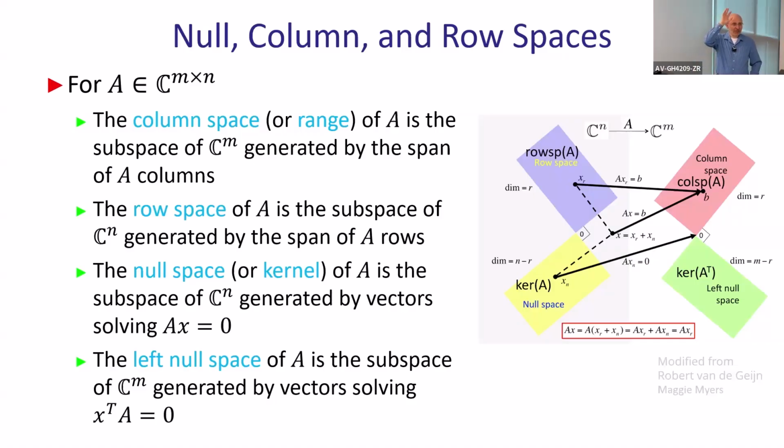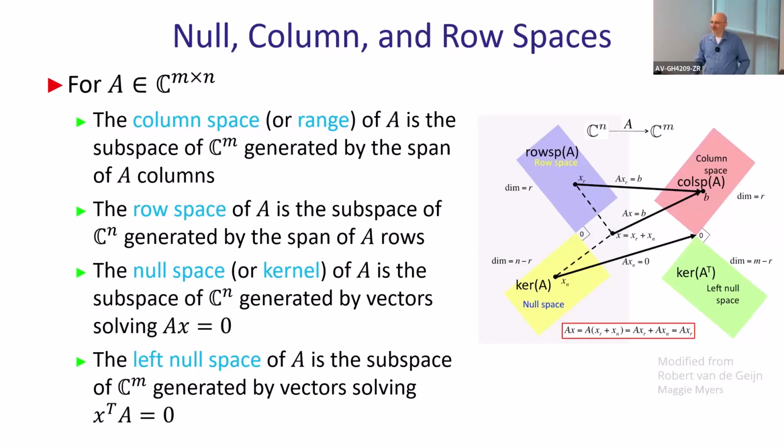So you cannot represent any vector in kernel A from the basis of row space A, or vice versa. That is why they are orthogonal. They are completely independent subsets of vectors, they do not intersect.